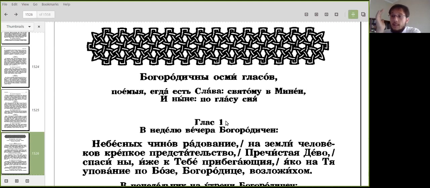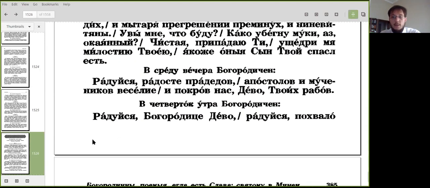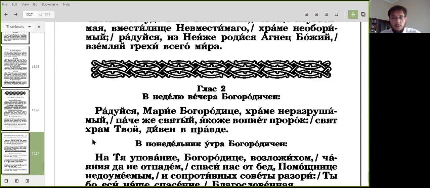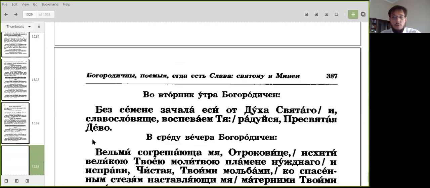So this is, again, a six stikira service. You go into Appendix 2, and remember that the doxastikon that we had up there was in tone 6. So we have to find the section of Theotokia in Appendix 2 in the tone of the doxastikon, in this particular case, tone 6.